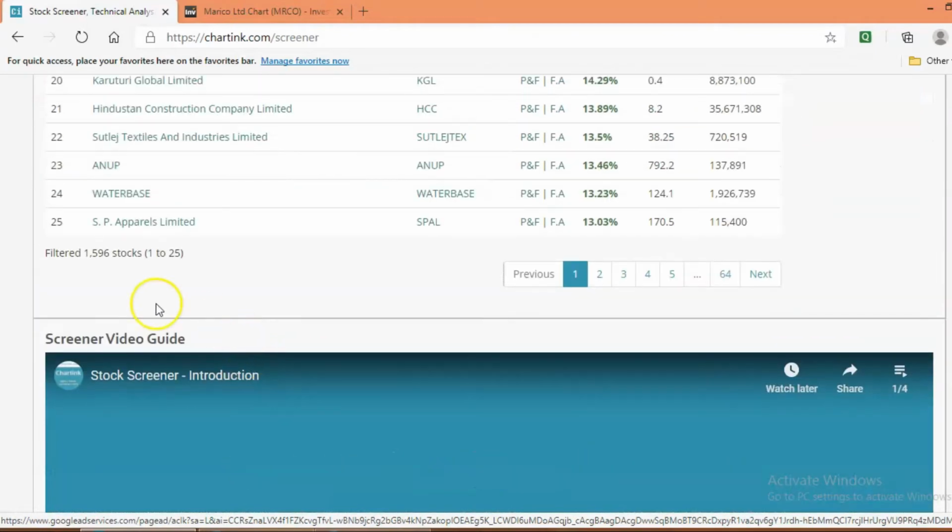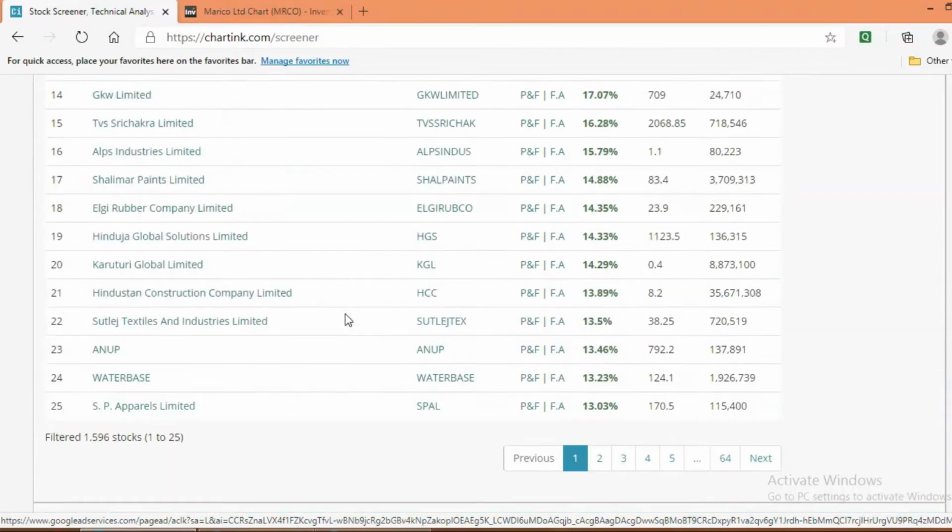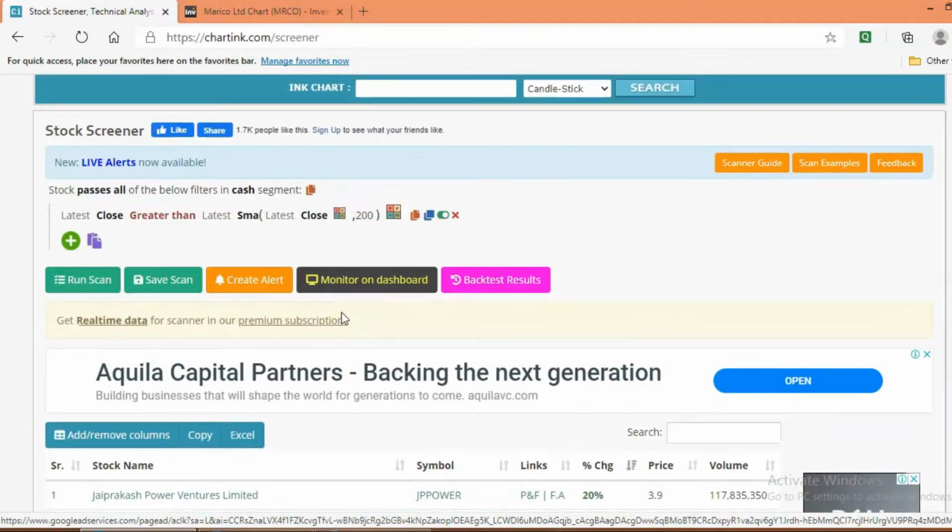So here we have almost 1600 stocks. Practically it's very difficult to decide which stocks we have to select. Now what we will do is look for stocks which are above 200 SMA on a weekly basis also.